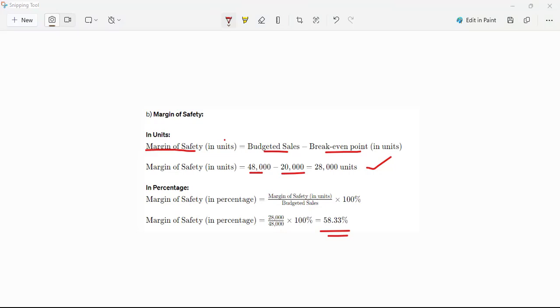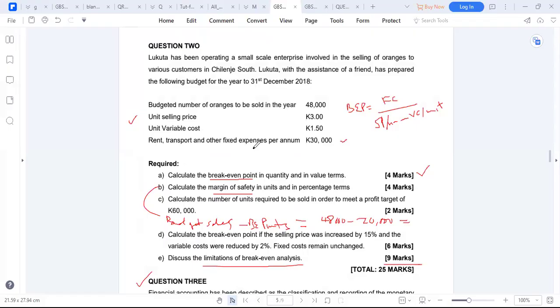We encourage more of this, so that as we bring questions, we make it like a discussion. So part D, we're asked to calculate the break-even point if the selling price was increased by 15% and variable costs were reduced by 2% and the fixed costs remained constant. So can somebody explain what they're trying to get to?